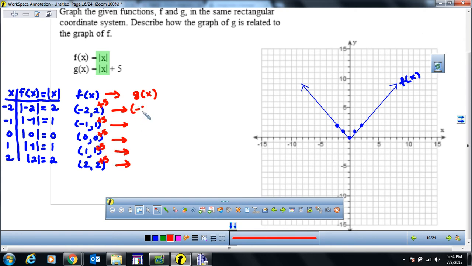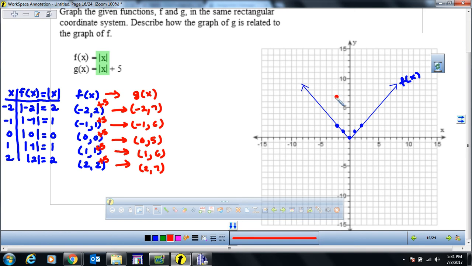That's going to give me the points (-2, 7), (-1, 6), then (0, 5), then (1, 6), and (2, 7). So (-2, 7) is going to be up here, (-1, 6), (0, 5), (1, 6), and (2, 7). It is the exact same graph, but shifted 5 units up. That's how we're going to describe this.